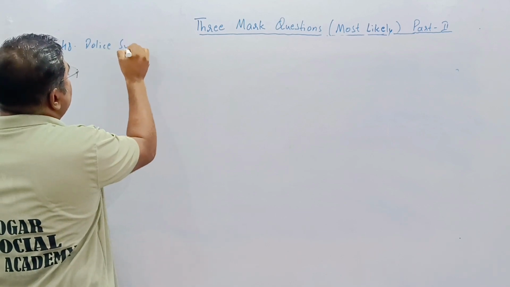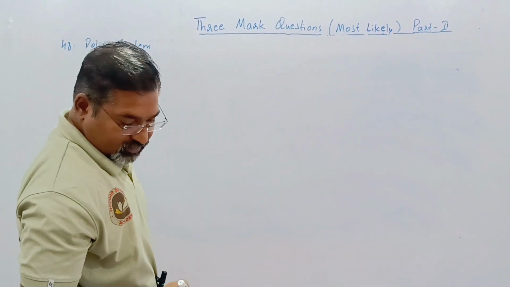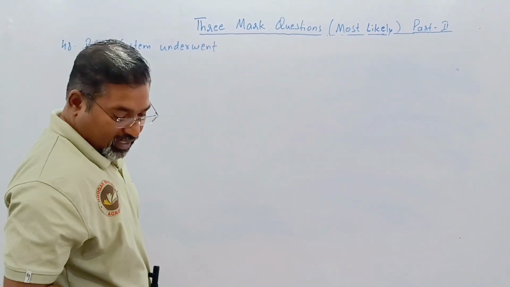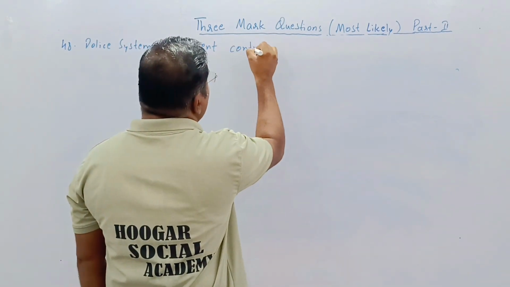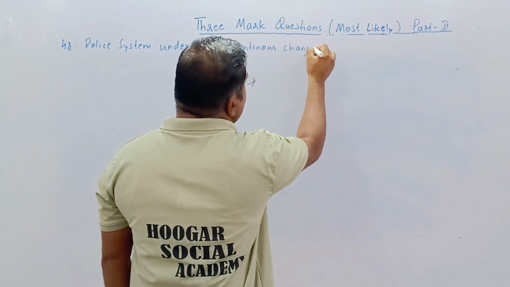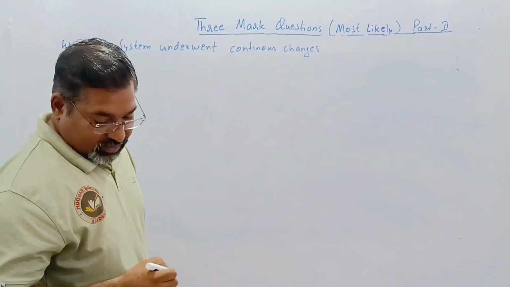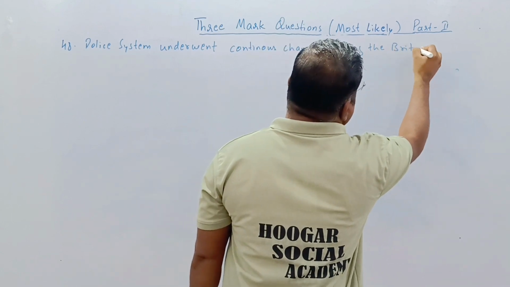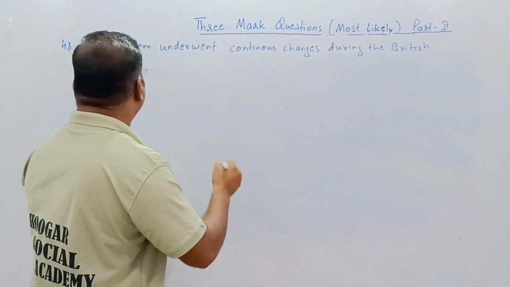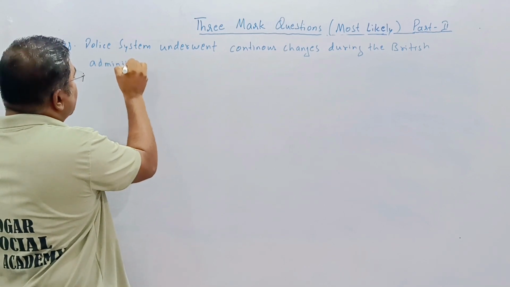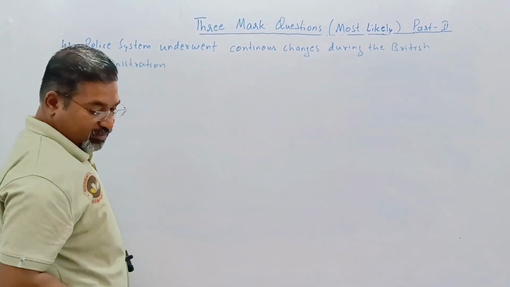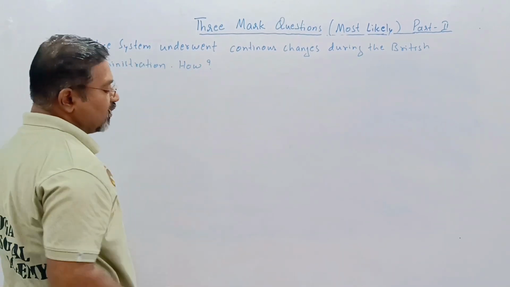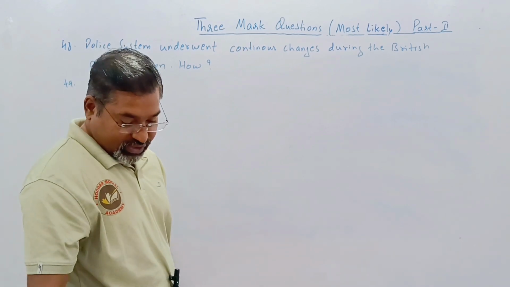police system. The police system underwent continuous changes during the British administration. How?